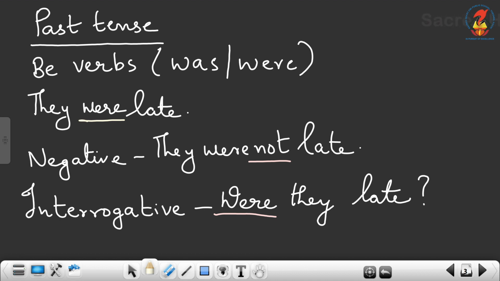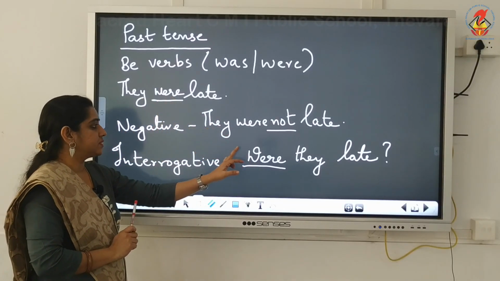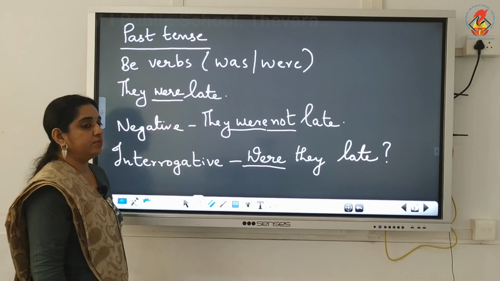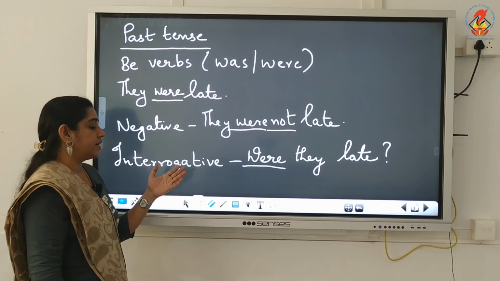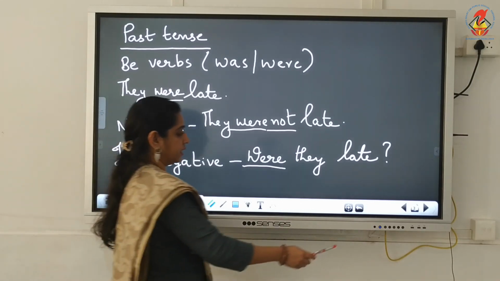How you can make interrogative sentences using be verbs? Were they late? Okay, so you see all the underlined words are be verbs. So, all these be verbs can be used for making a sentence negative and for making a sentence interrogative.